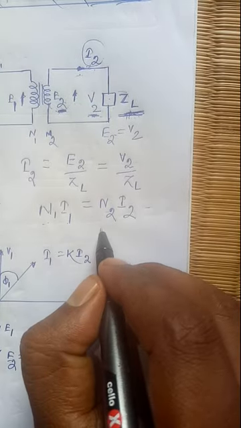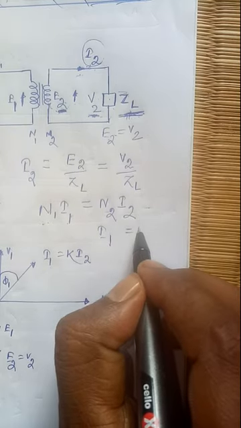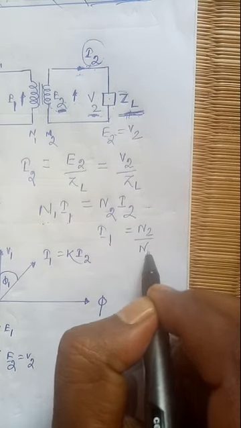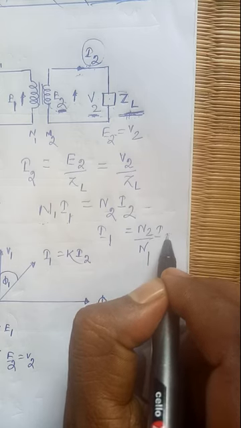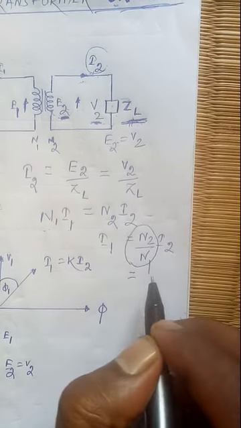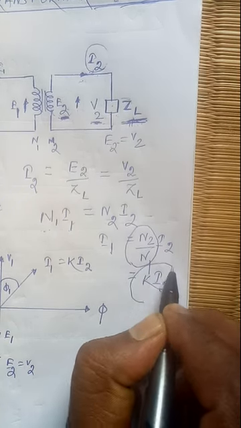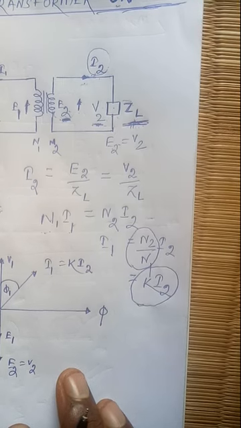From this equation, I1 will be N2 by N1 into I2. This N2 by N1, the turns ratio, is your K. So I1 is equal to K I2.